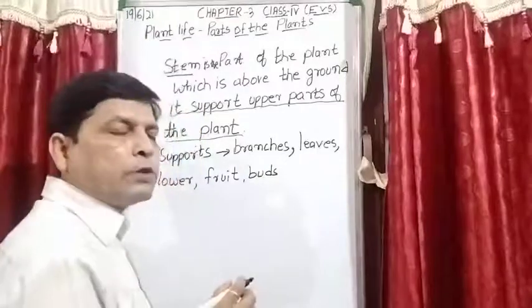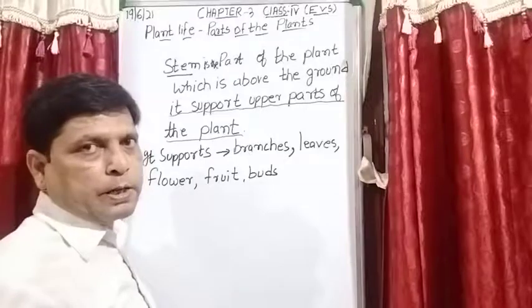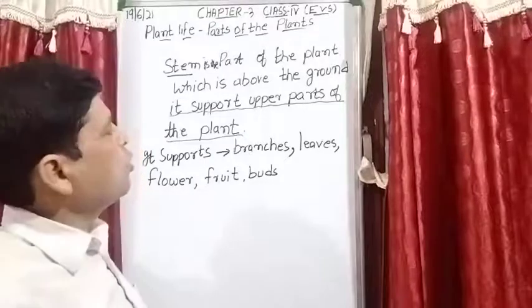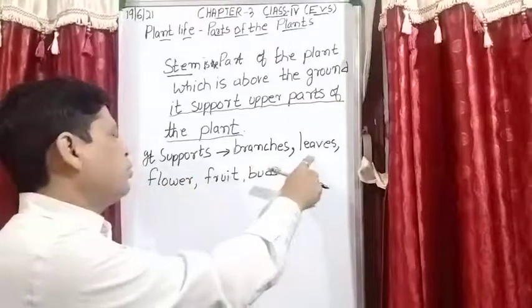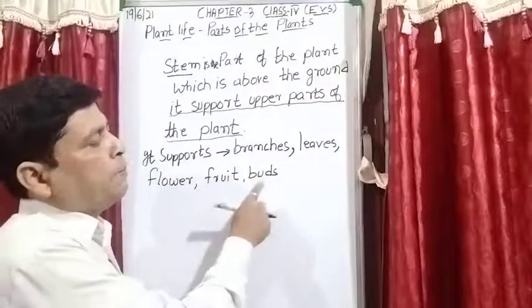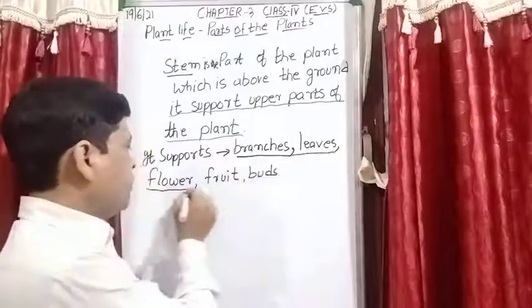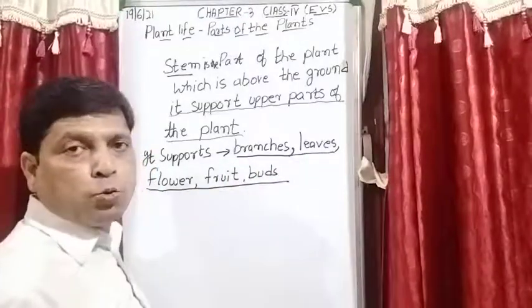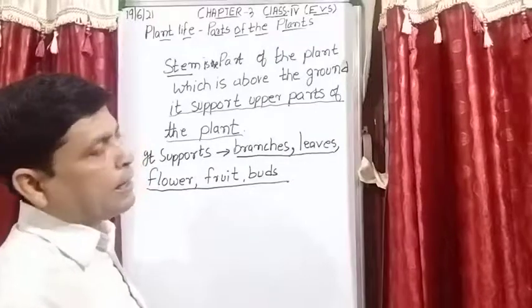So these are the parts of the plant which are attached to the stem. ये स्टेम के वो पार्ट हैं बेटा जो स्टेम से अटैच हैं. ब्रांचेस होती हैं, लीव्स होते हैं, फ्लावर है, फ्रूट है, बर्ड्स है. So these are the parts of the plant which are attached to the stem.